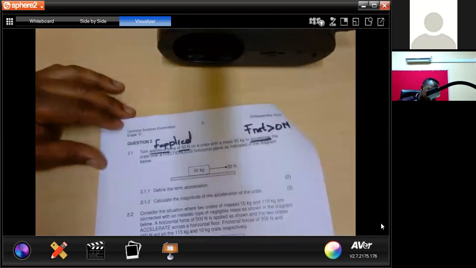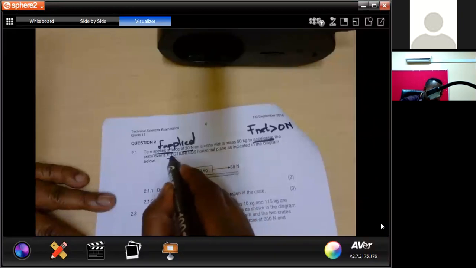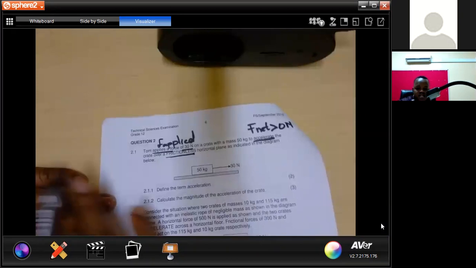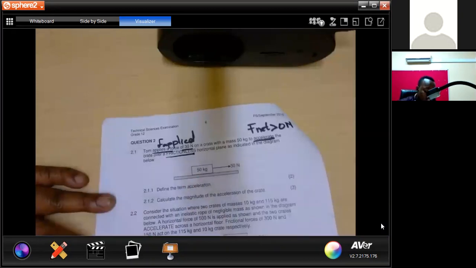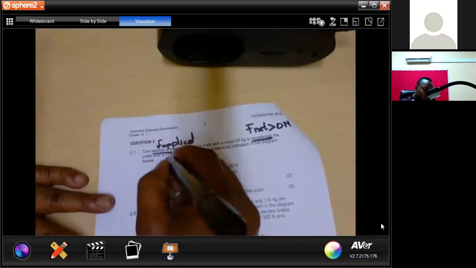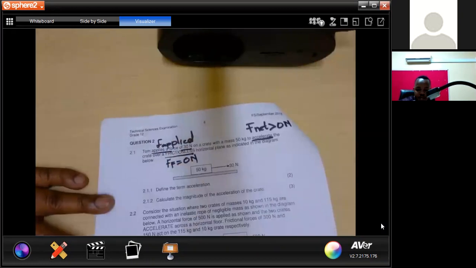And they are telling us that it moves over a frictionless horizontal surface. In other words, the surface is smooth, and therefore there is no frictional force. So that tells us the frictional force is definitely equal to 0 newtons. It's not there, as indicated in the diagram below.